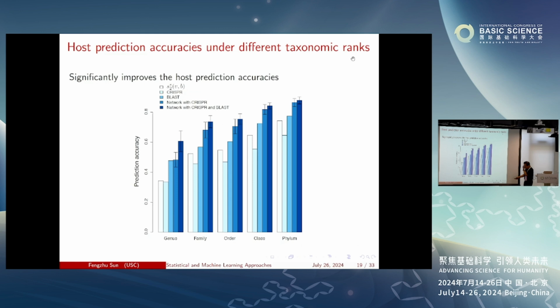Sure, at a very high level you can predict more accurately, that should be expected. But at each taxonomy level, you can see that by integrating the alignment-free method as well as network information, you can get much higher prediction accuracy. Okay, so that's one.